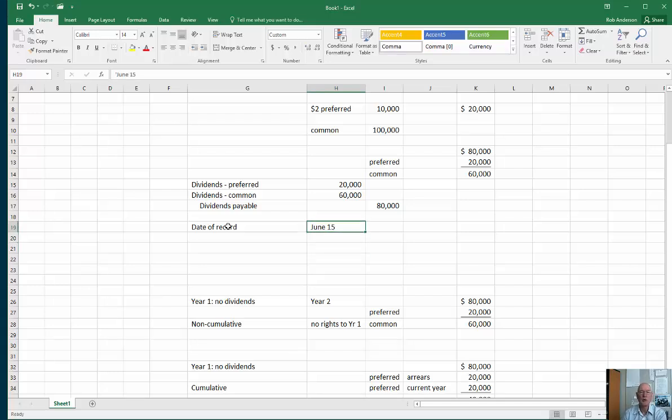So if you own that share on June 15, you're going to get that dividend when it is paid. So maybe it's going to be paid June 30. But if you sell that share the next day, June 16, well, you still get that dividend, and the new owner who bought it June 16 does not get that dividend.